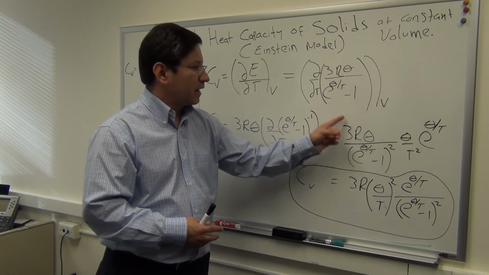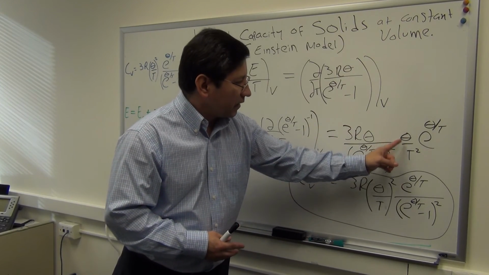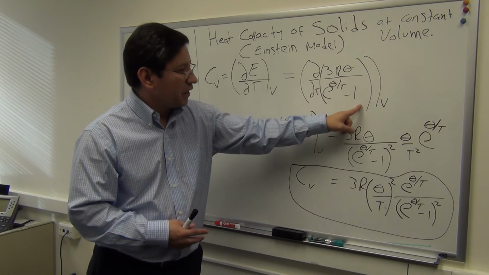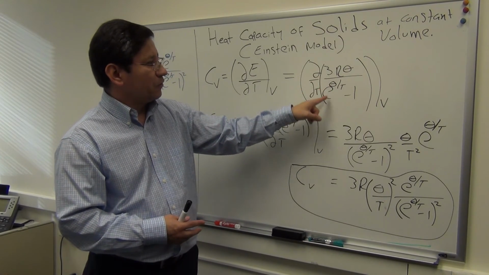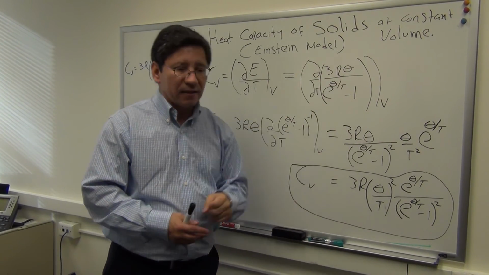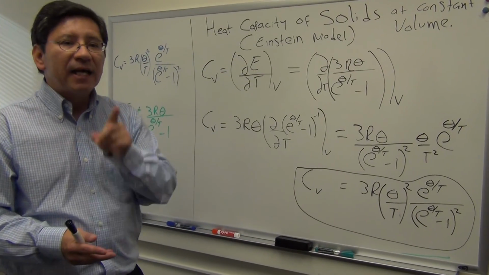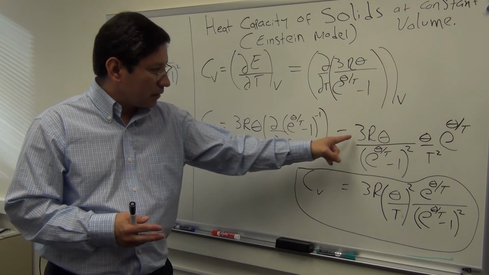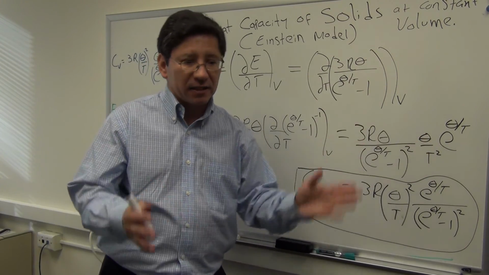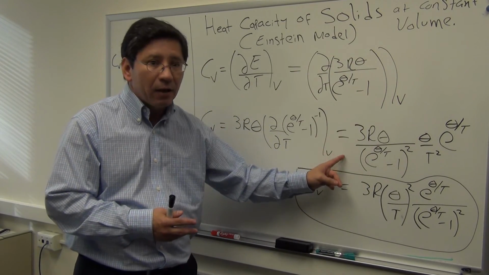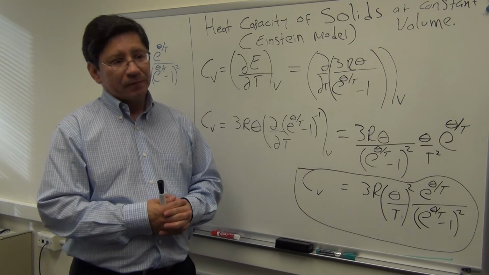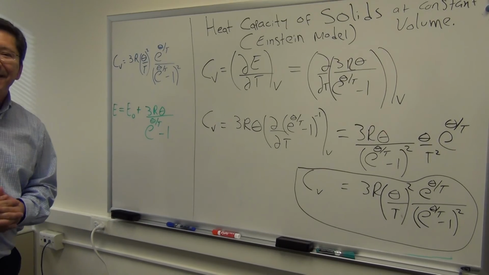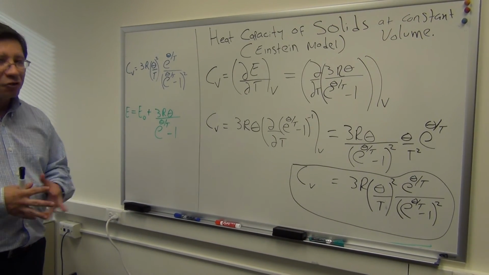In this case, this theta over T is coming from the internal derivative of this part here. That will give you theta, and then the internal derivative of 1 over T is negative 1 over T squared. And from this negative that should have been here, negative times negative gives you a plus, so you end up with a positive quantity. So that is the derivation in short.